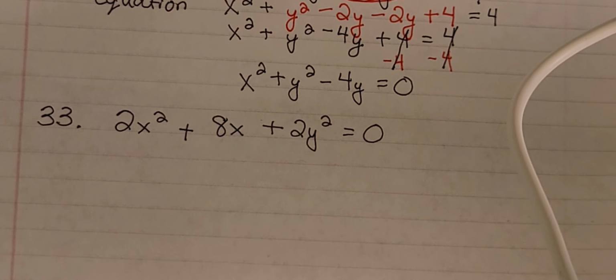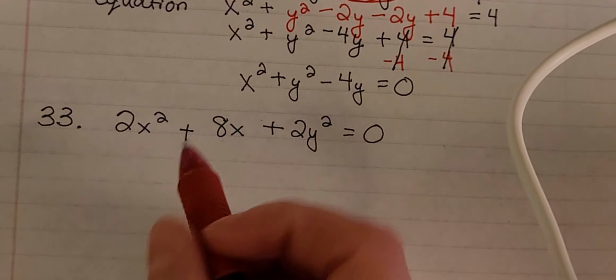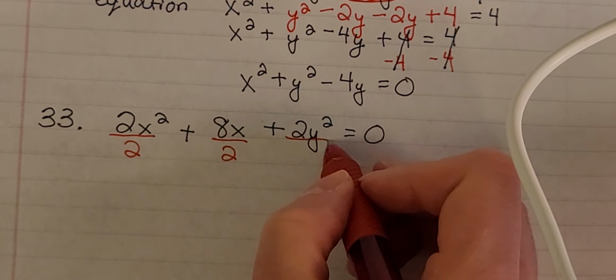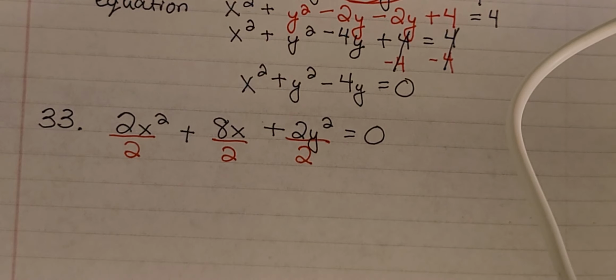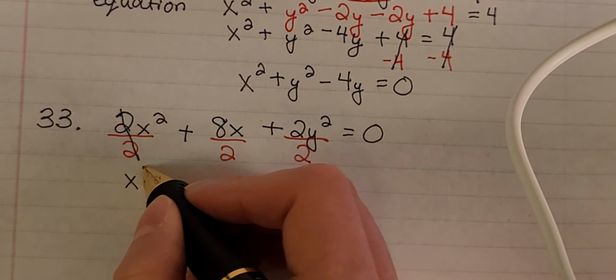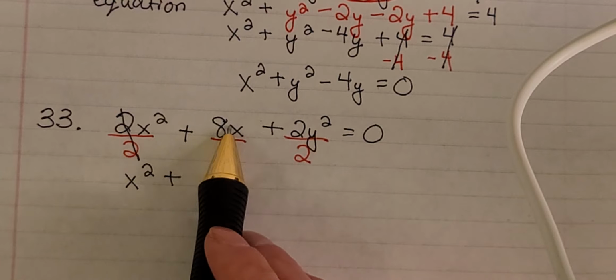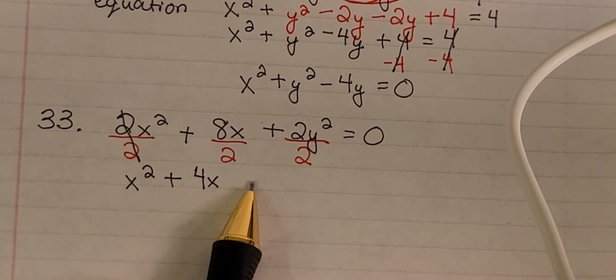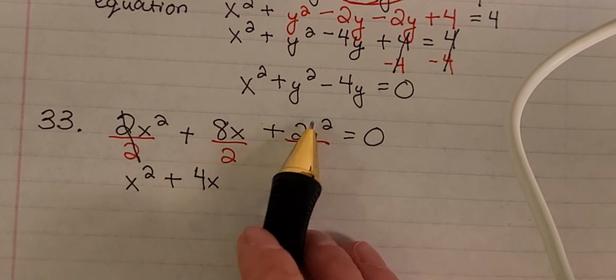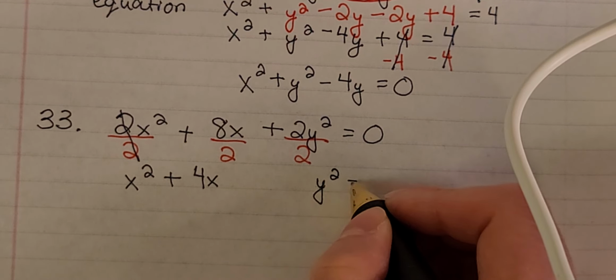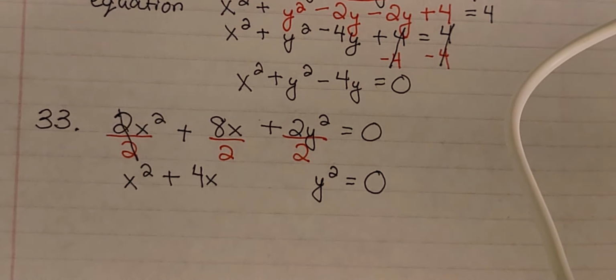in the front. In order to get rid of the 2 in the front, we're going to divide every piece by 2. That gets rid of these 2's and just makes that x squared. 8 divided by your 2 is your 4x. We're going to leave some space here to complete the square. 2 divided by the 2 is just y squared equals 0.